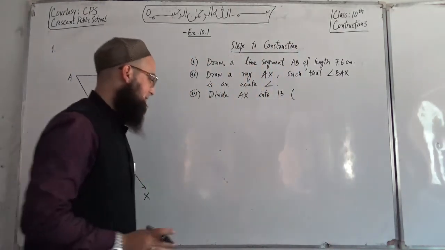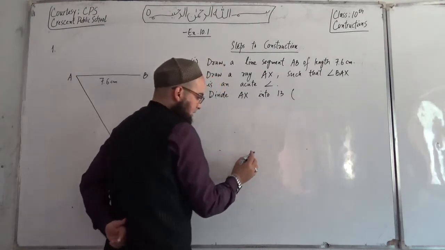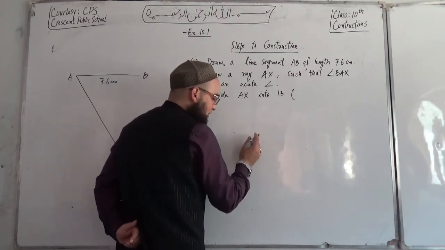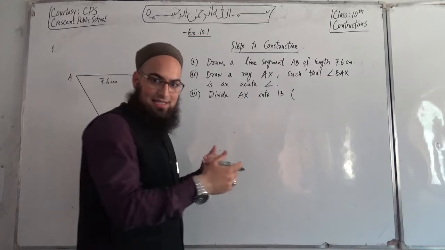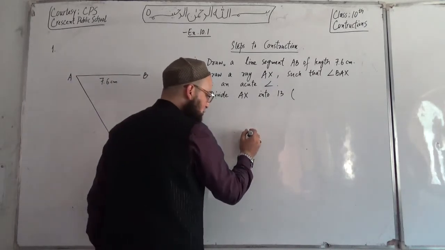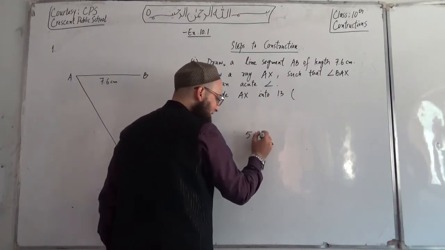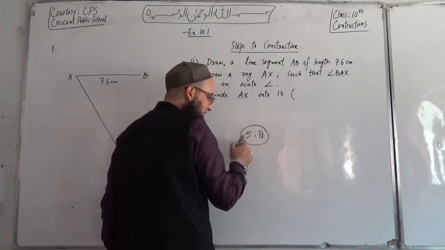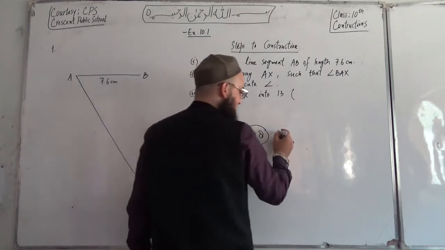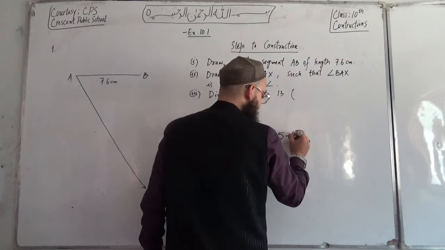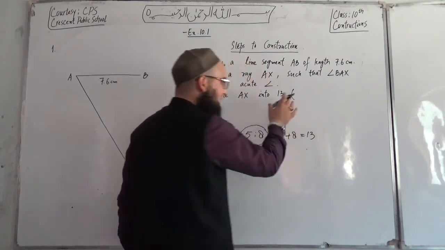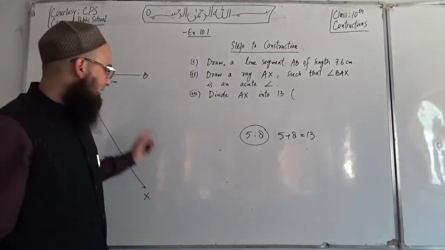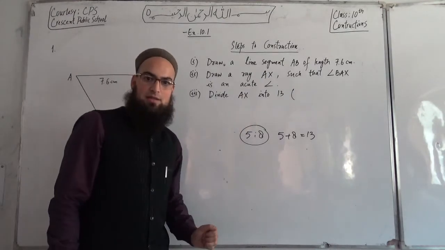Why 13? Pay attention here. If you need to divide a line segment in the ratio 5:8, that means adding the numerator and denominator you get 13. 5 plus 8 you get 13. So that's why we divide this ray into 13 equal parts.